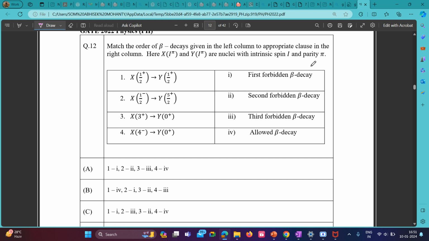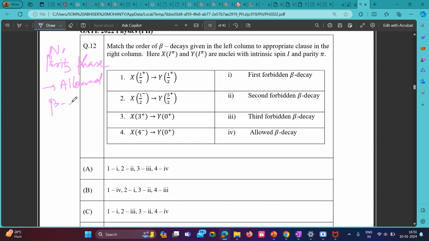See, in beta decay, if there is no parity change, then it is allowed beta decay.